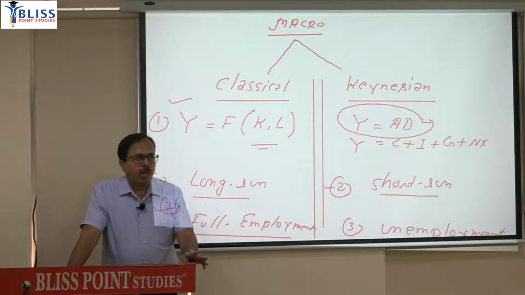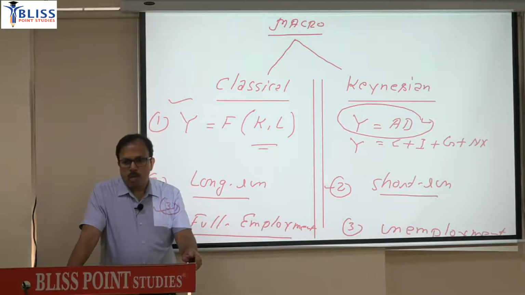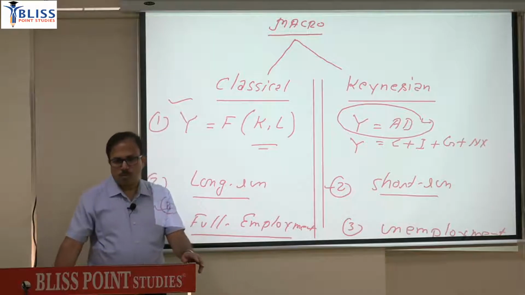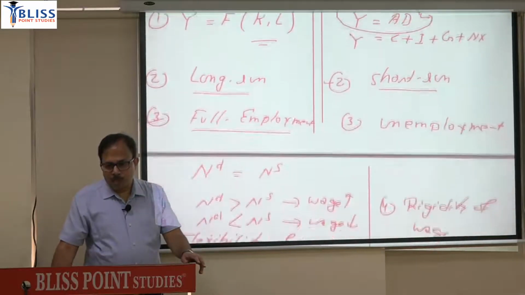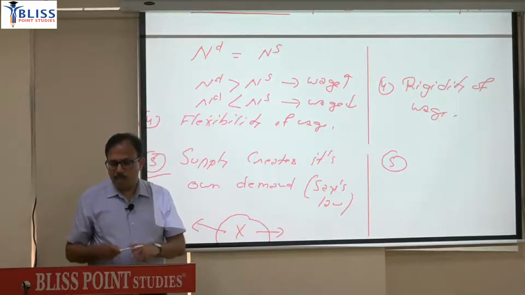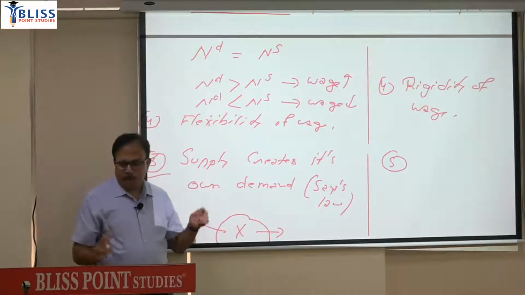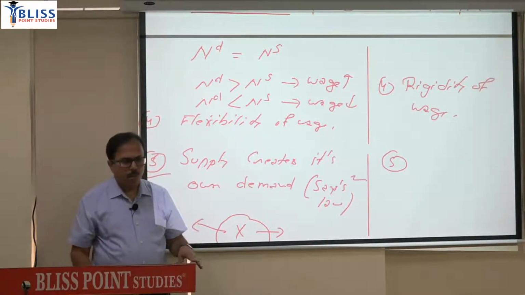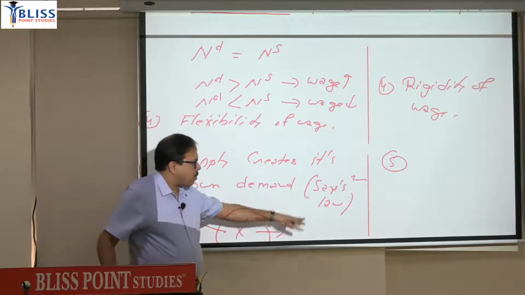This line basically means supply creates its own demand. Within brackets, just write down Say's law.